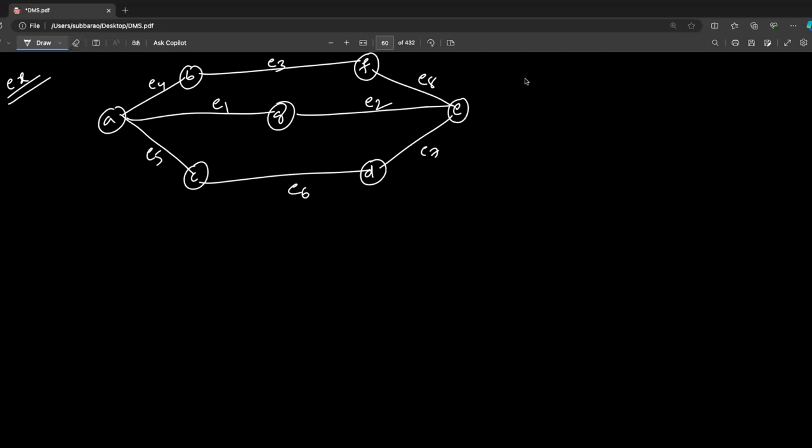Find out yourself. Who are the cut vertices? Who are the cut edges?